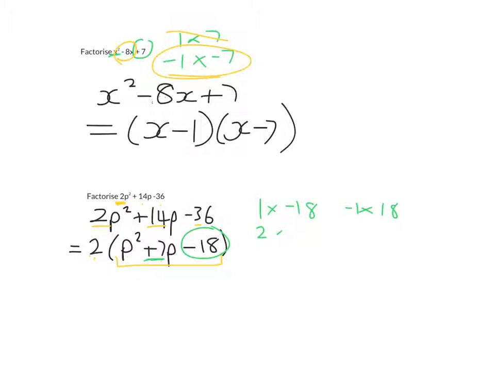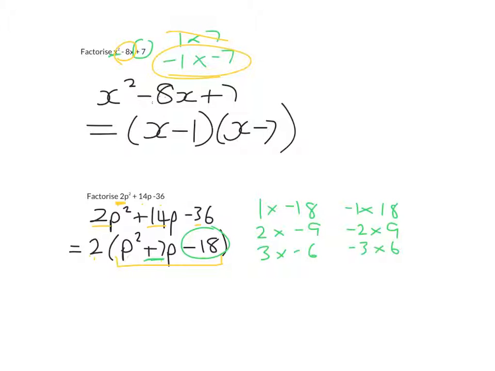We could have 2 by negative 9, or negative 2 by 9. We could have 3 by negative 6, or negative 3 by 6, and 4 doesn't go into 18, 5 doesn't go into 18, we've already got 6 there.